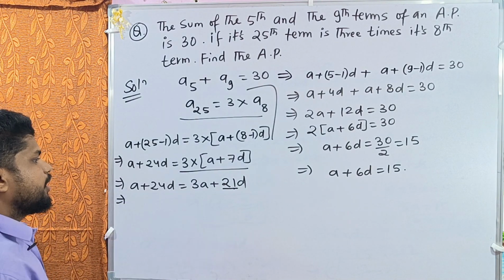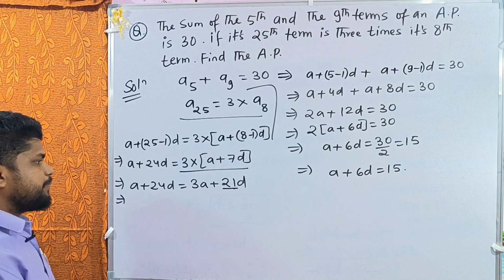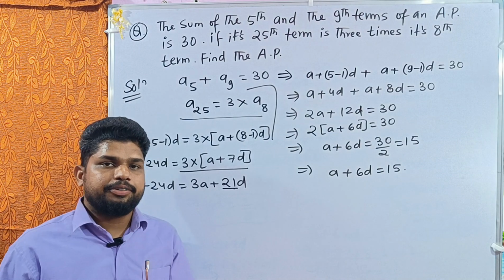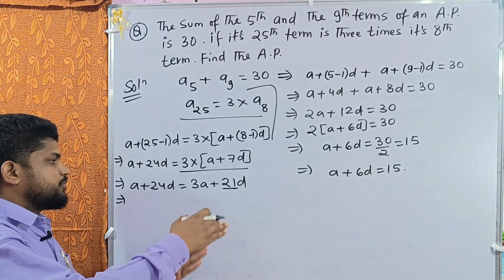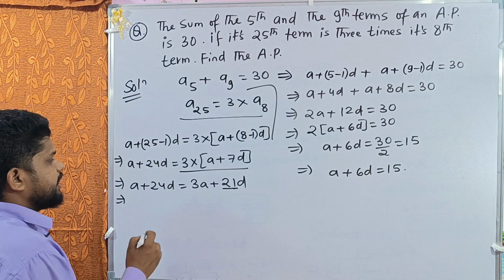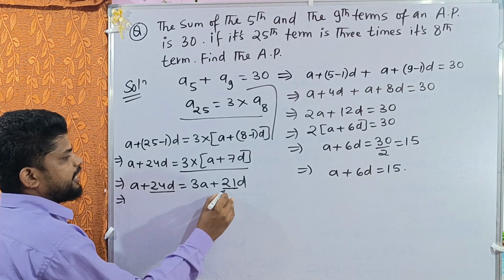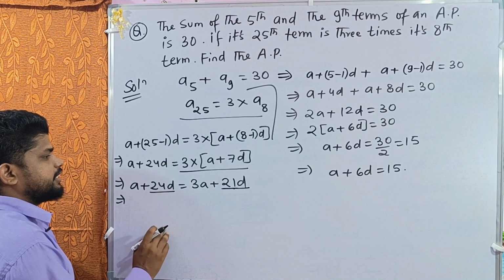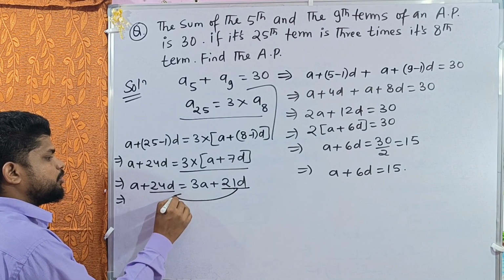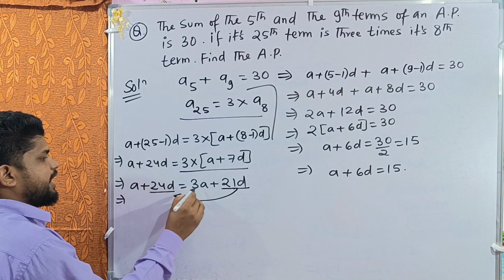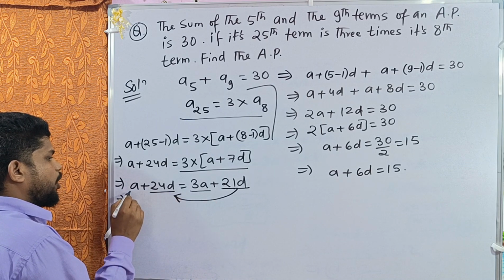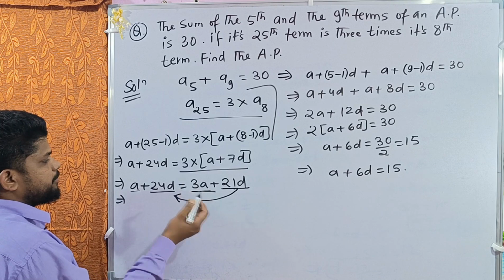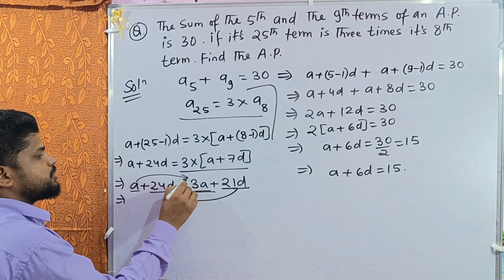Here, while transposing, we should keep in mind that the one having the lesser value is transposed to the other side. Between 24d and 21d, 24d is greater, so I will transpose 21d to this side. Between 3a and a, 3a is greater, so I will transpose the lower a to that side.